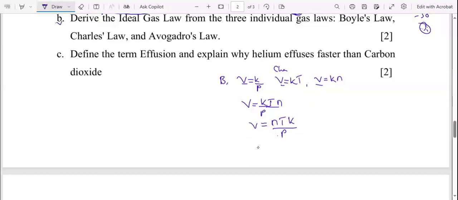So this means that PV is equal to nR. R will be our gas constant, which is 0.082, like that.